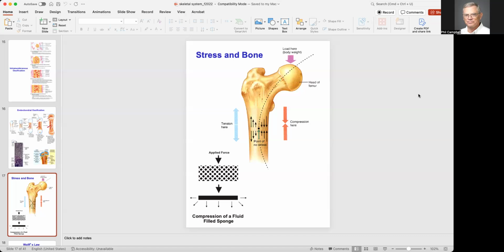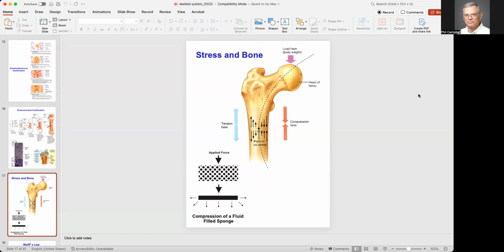So when the weight comes down, there are two types of forces being expressed on those bones. The bone on the outside, which has a slight bow, is under tension forces. The bone on the inside is under compressive forces. The way to think about this is a bow and arrow. It's exactly the same thing. When you pull the bow back, the inside of the bow is under compression.